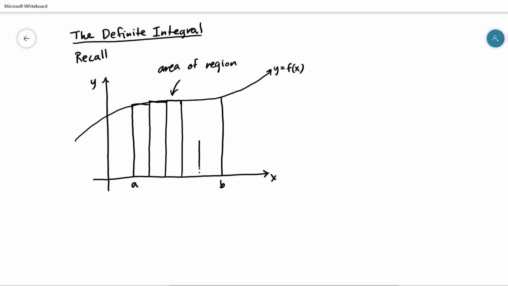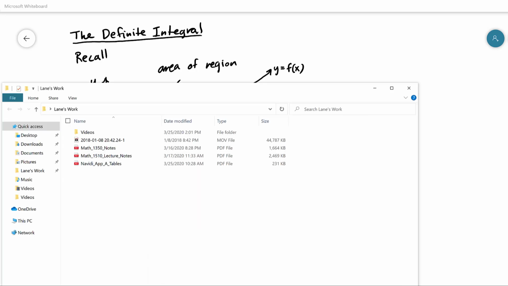Hopefully we make our rectangles equal widths. Mine didn't quite work out that way, but let's just pretend it did. So let me cheat and say that's actually where this interval ends, so that my rectangles are at least roughly the same size.